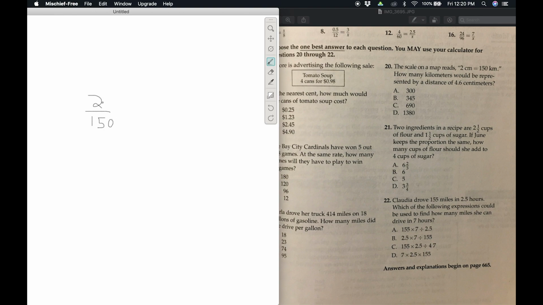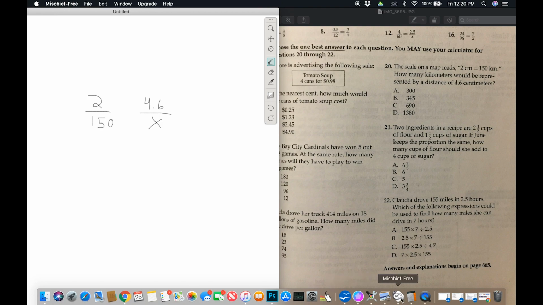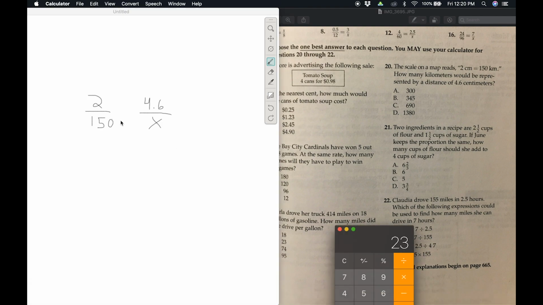So we know that the centimeters is on top, so we'll continue in like form. 4.6. So let's do that calculation. 150 times 4.6.